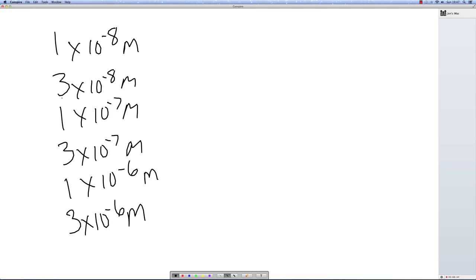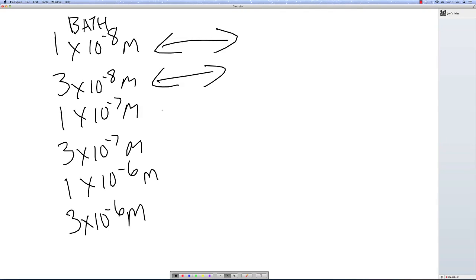And these are all the concentrations inside the bath. So you've got those concentrations inside the bath that you need.